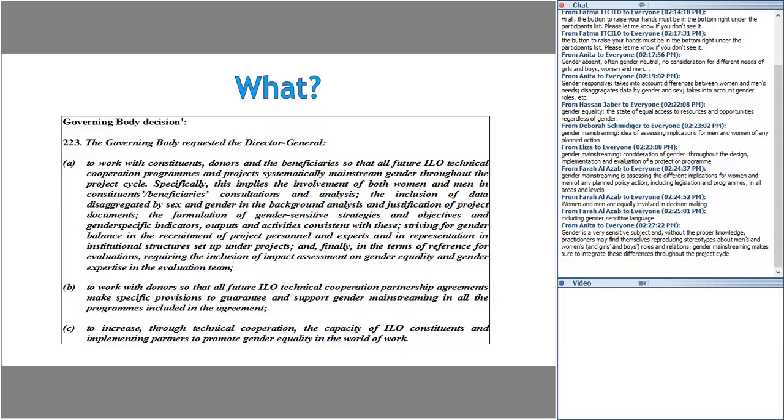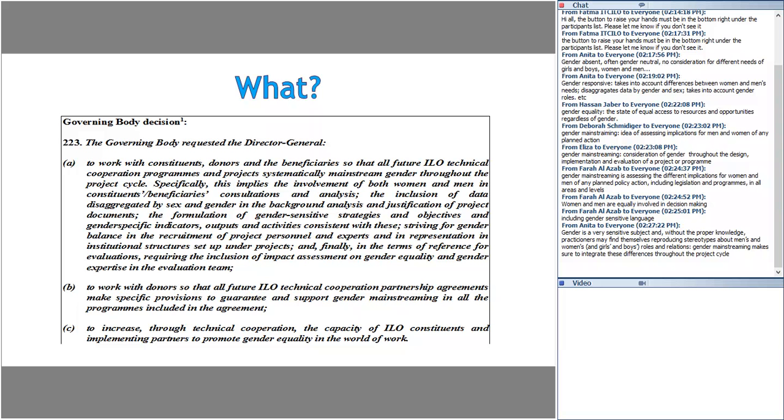We're going to include data that's disaggregated by sex and gender in the analysis and justification for the project documents, and formulate gender-sensitive strategies and objectives and indicators. So we're going to talk about that in a minute, including outputs and activities that are consistent with promoting gender equality and women's empowerment.